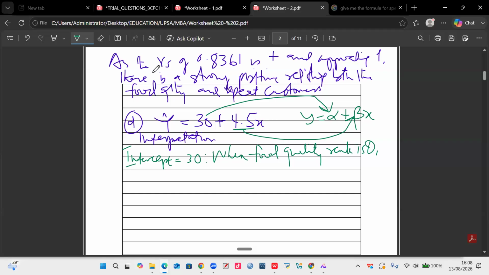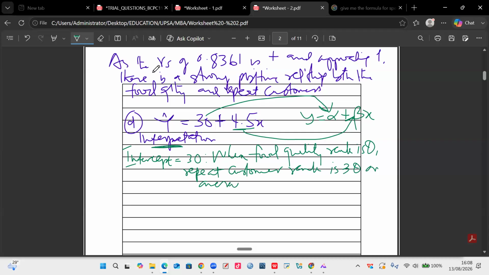Are we giving the interpretation? We are still repeating Y. Repeat customer rank is equal to 0 when food quality rank is 0. 30, sorry. Read the question. That is why. It's 30, that's correct.